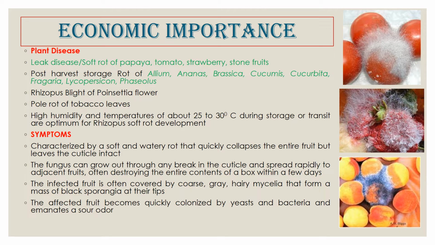It causes soft rot or leak disease in very soft fruits like papaya, tomato, strawberry, and even in onion, pineapples, mustards, cucumbers, and many other plants, even ornamental plants like poinsettia, and cash crops like tobacco.